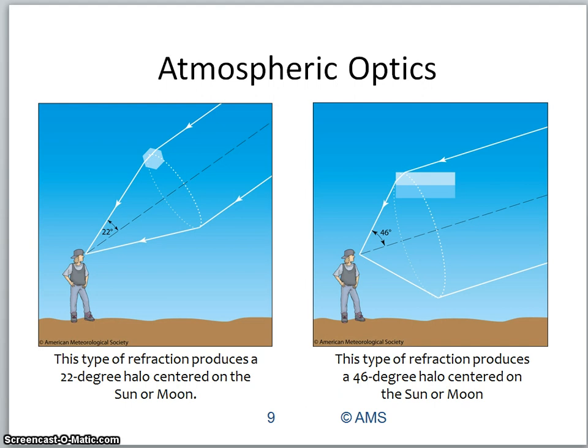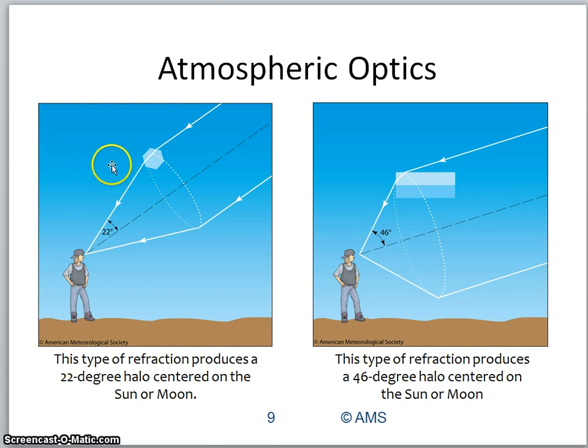Now when you're looking at atmospheric optics, it has a lot to do with your perspective and where you're at. The ice crystals in clouds, found in the atmosphere, can have different shapes, and the shape you get determines what kind of phenomena you end up with.